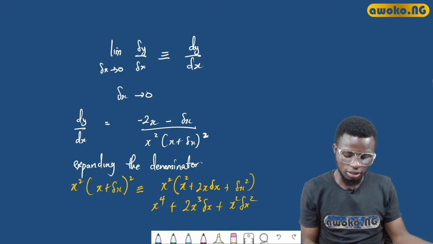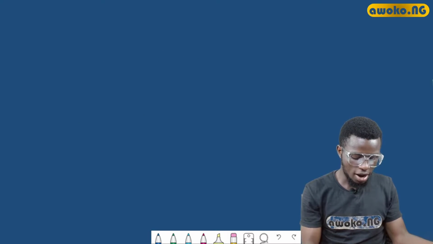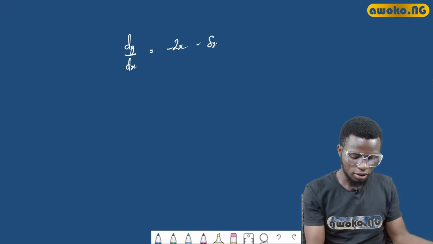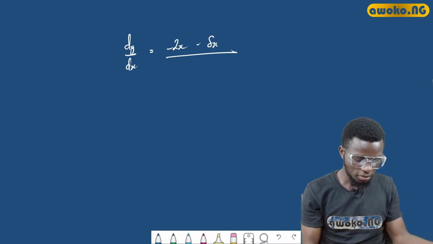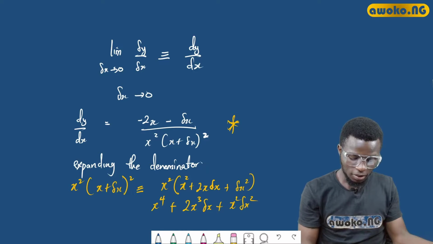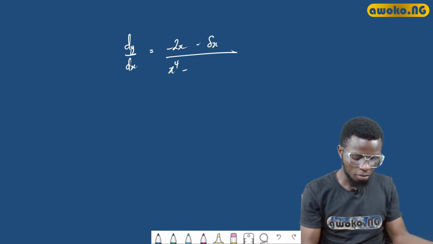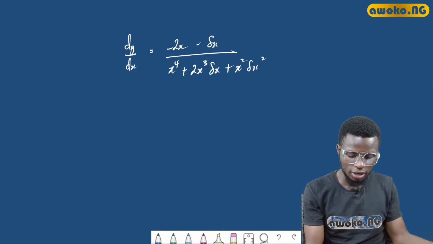So if you now put this inside our equation, we have dy over dx is equal to minus 2x minus dx over x⁴ plus 2x³ dx, then plus x² (dx)².